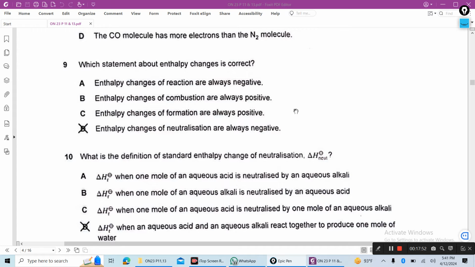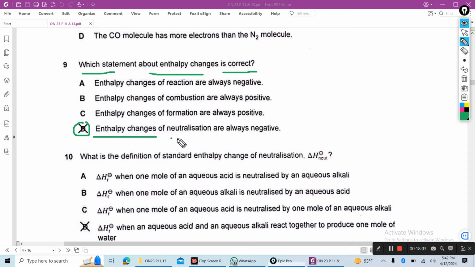Nine. Which statement about enthalpy change is correct? This is the correct answer: enthalpy changes of neutralization are always negative.